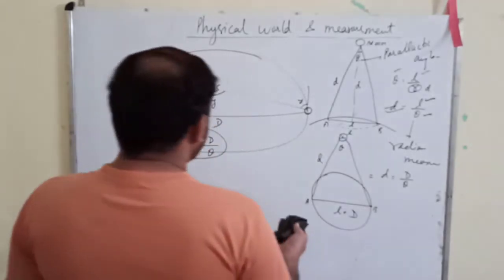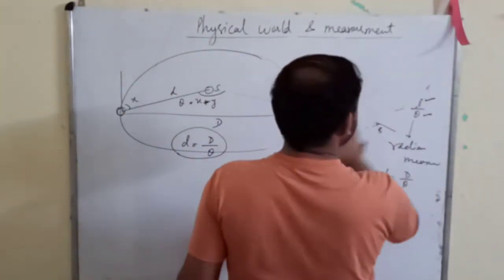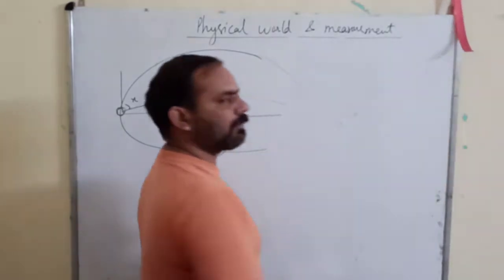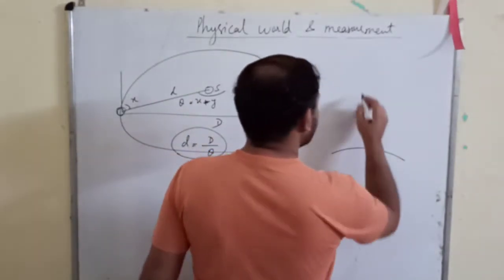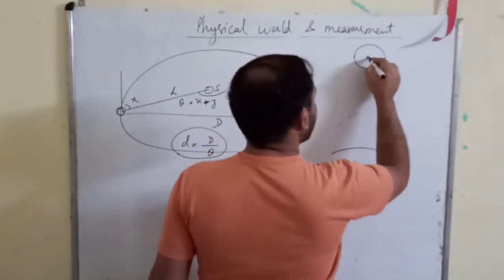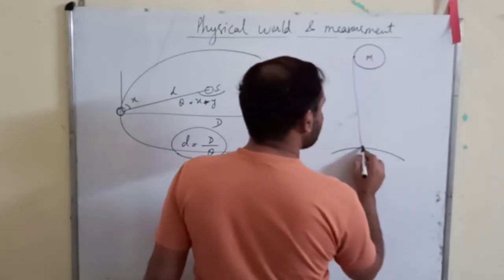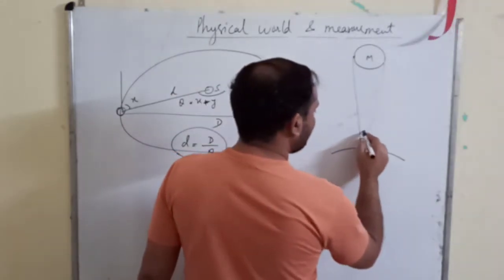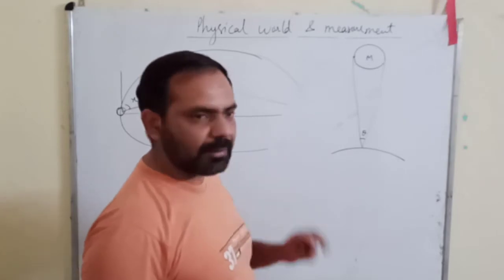Now with the help of this same method, you can find out the diameter of the moon and the diameter of other planets also. Suppose this is a point on earth. Now suppose this is the moon. From a point you look at this end, and from the same point you look at this end. Now you can measure the angle, because now the angle is on the earth's surface, so you can easily measure this angle.